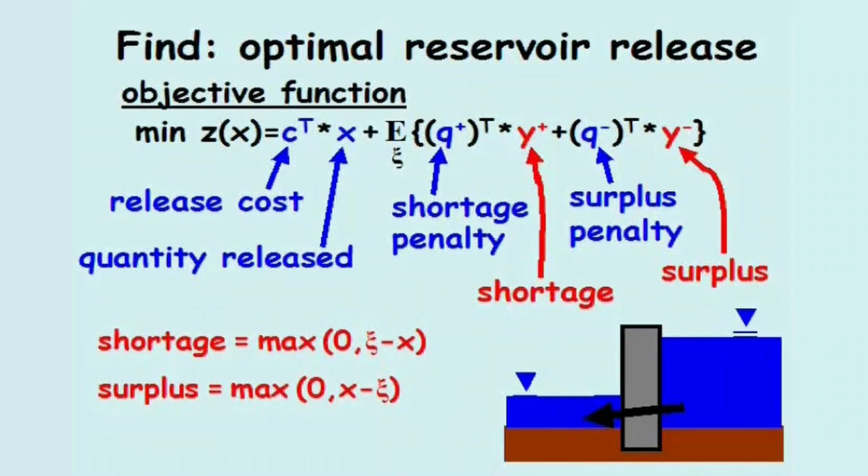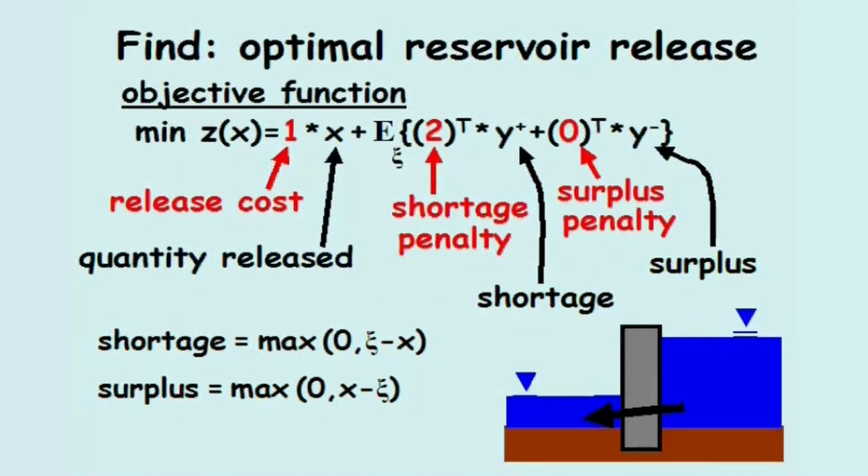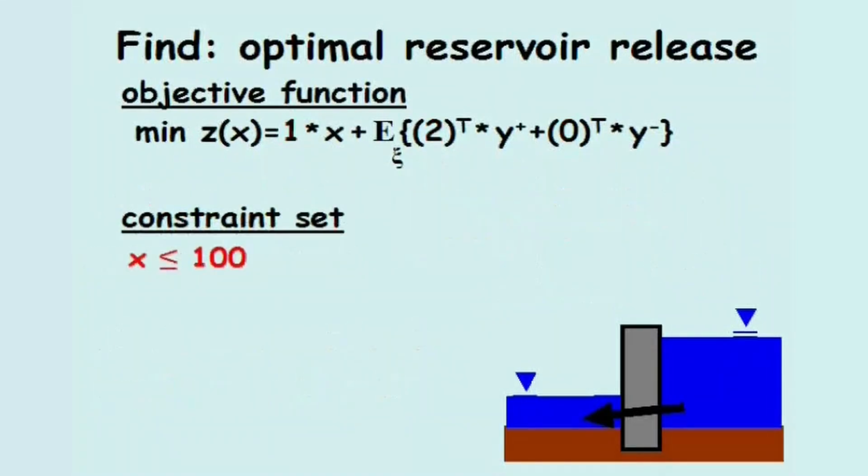Next, we can plug in the given values for release cost, shortage penalty, and surplus penalty. The constraints for this problem include the volume constraint, where the quantity released, X, cannot exceed the initial volume of 100 units.